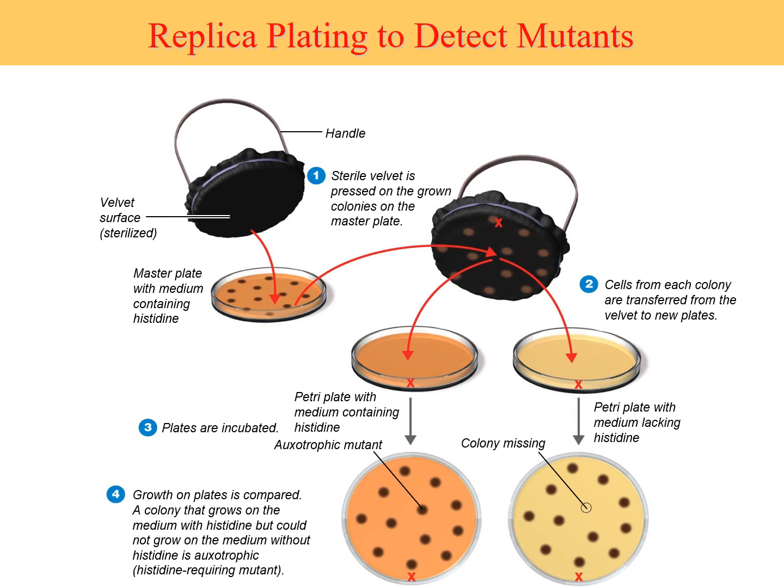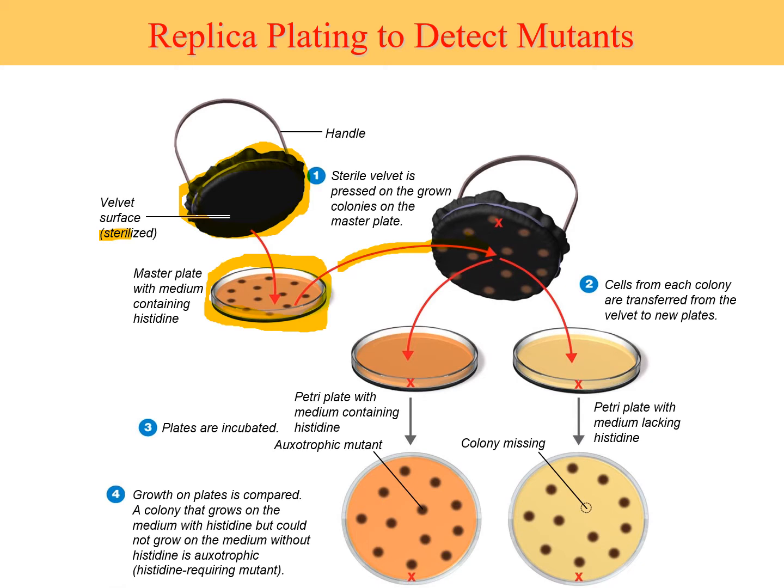Well, we can study and detect mutations fairly easily in bacteria using a fairly simple approach. If you're growing a single type of bacterium and you have individual colonies on a plate, then you can take a sterile velvet pad on a setup like this and gently press it onto the surface, and what you end up with is samples of the colony on that pad.